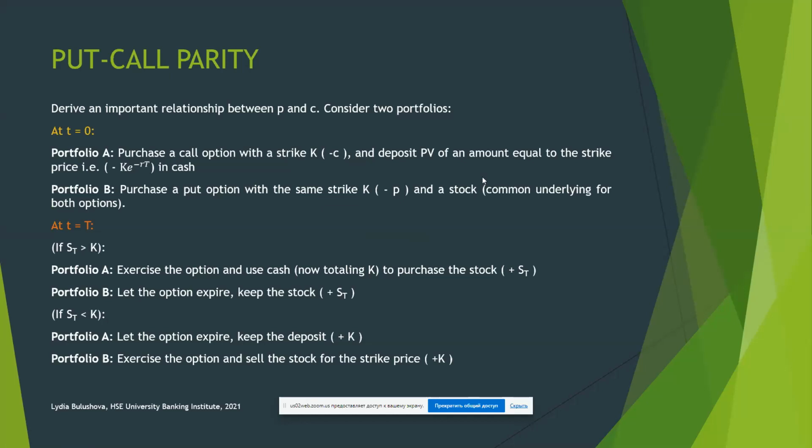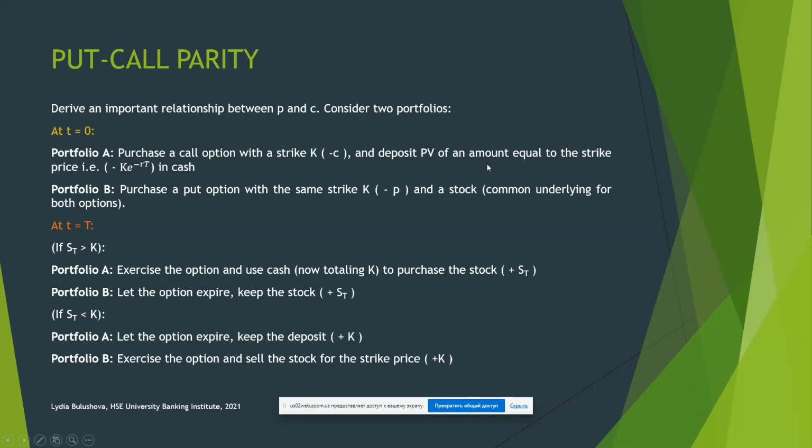So let's consider two portfolios. Here we have portfolio A. We purchase a call option with a strike K. We pay minus C units of money to purchase a call option.